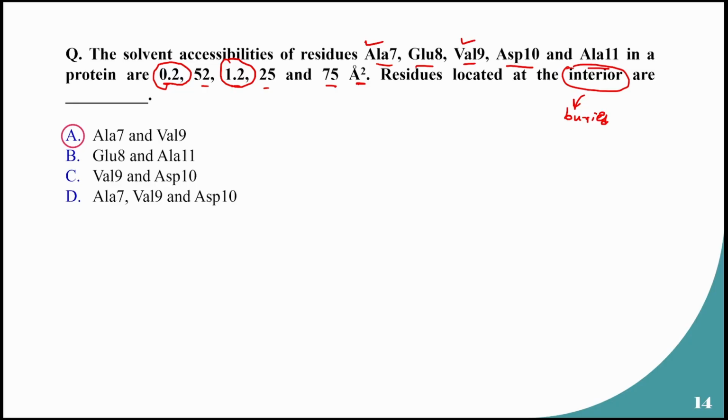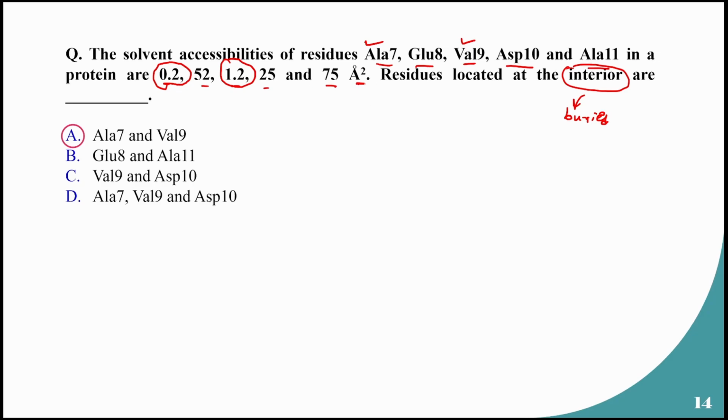Sir, the doubt is that if 52 and 75 are higher distance, right? Yeah. So the larger the distance, the more buried the amino acid is. No, no, I think you are confusing these values with distance. These are not distances. These are surface areas.